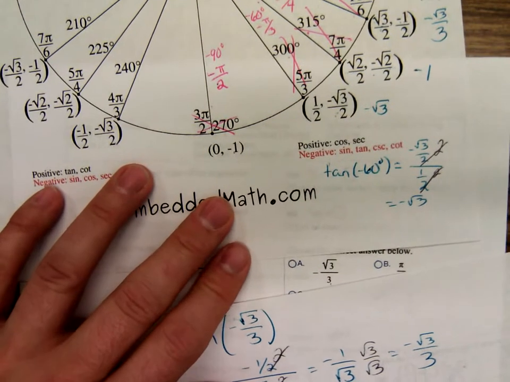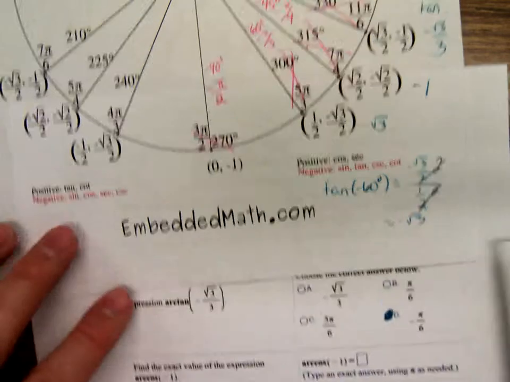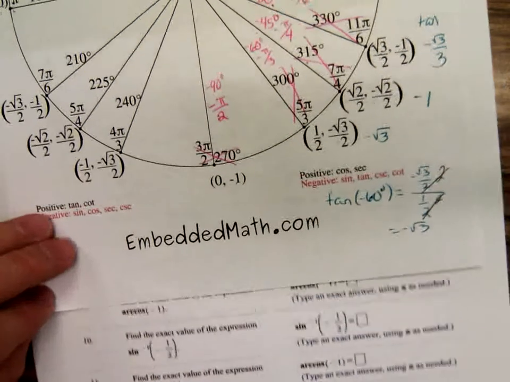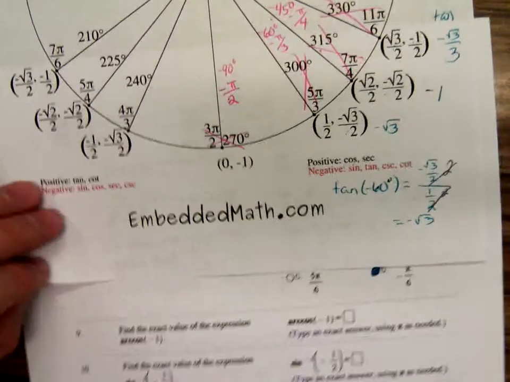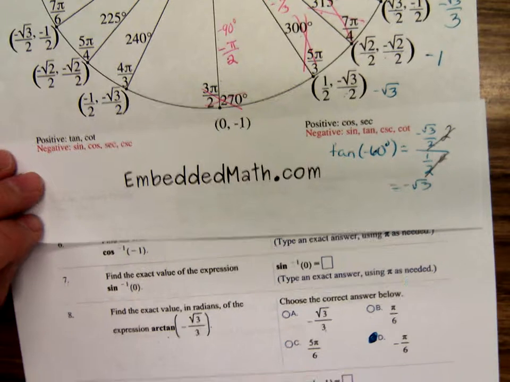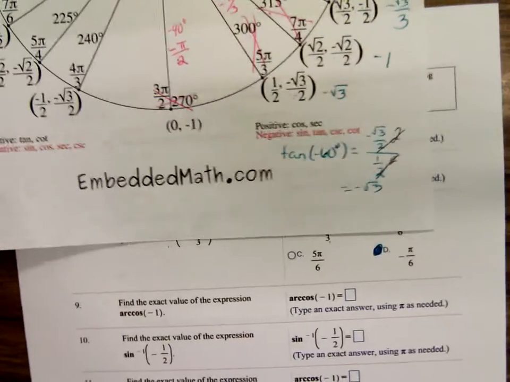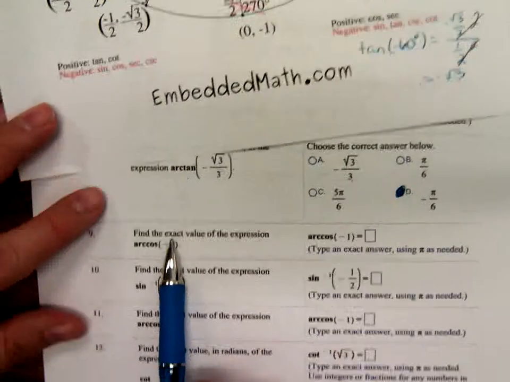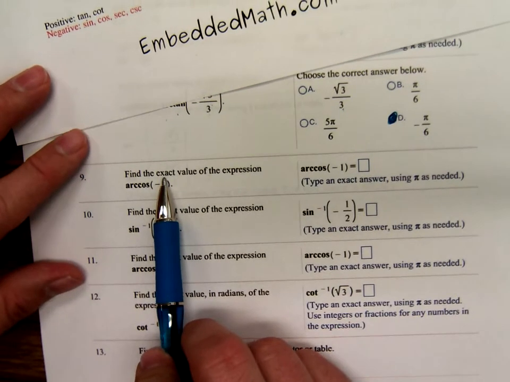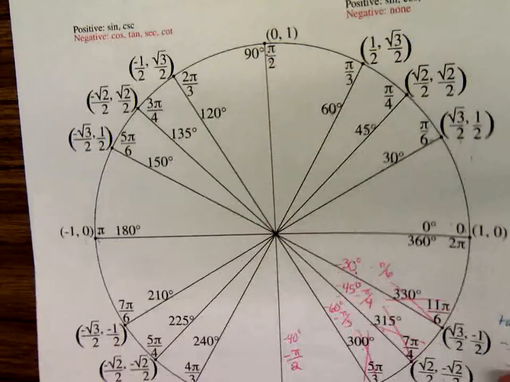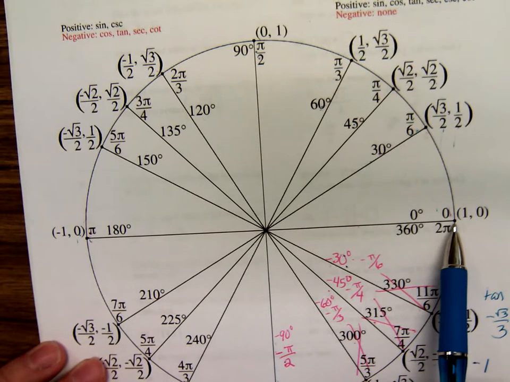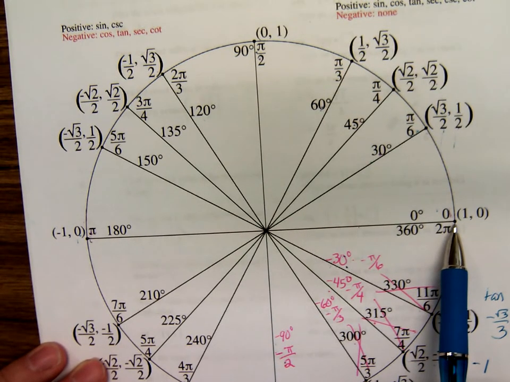Okay. Well, I don't see another arc tangent on this page. Let's see, what about number 9? Arc cosine of negative 1. Should be 135?